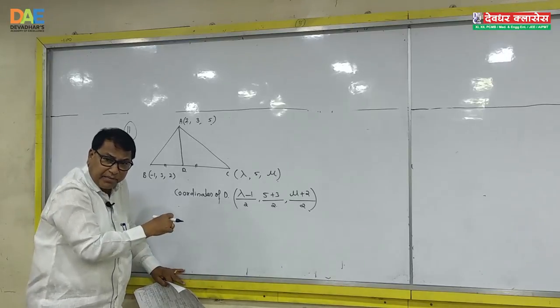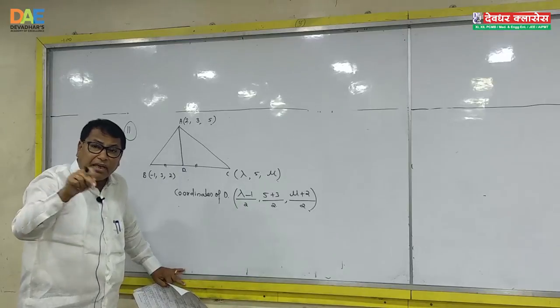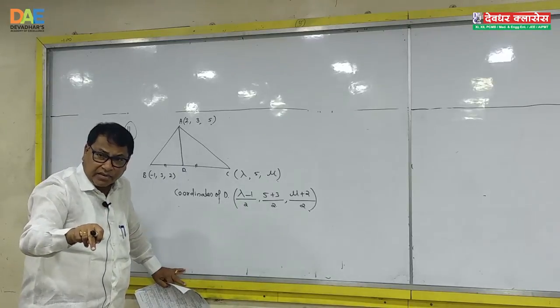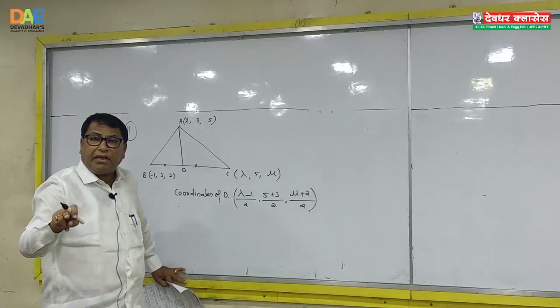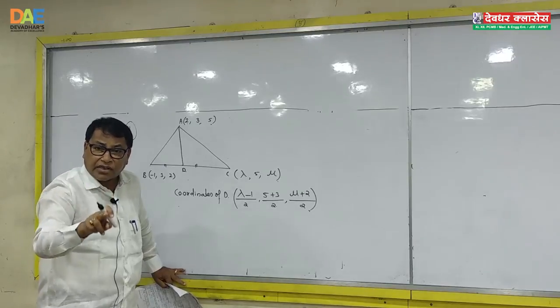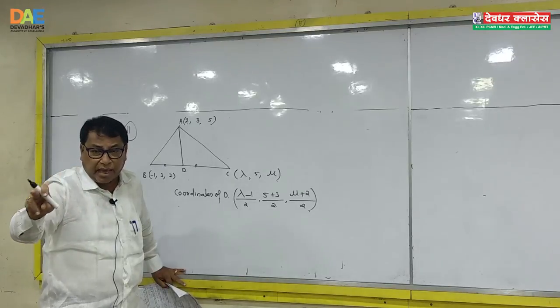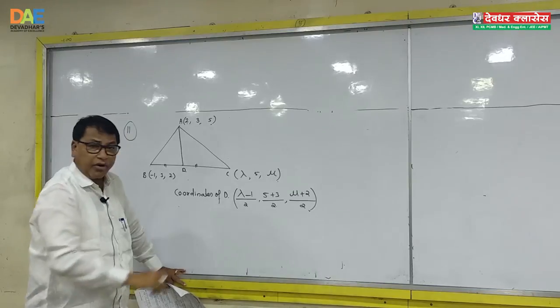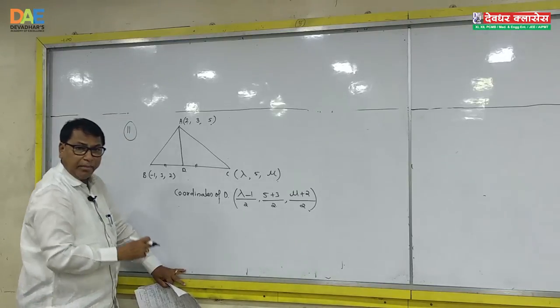As it is given that the line is equally inclined with the coordinate axes, alpha is equal to beta is equal to gamma. Therefore cos alpha is equal to cos beta is equal to cos gamma. We can compare them, and then we shall find the values of lambda and mu.